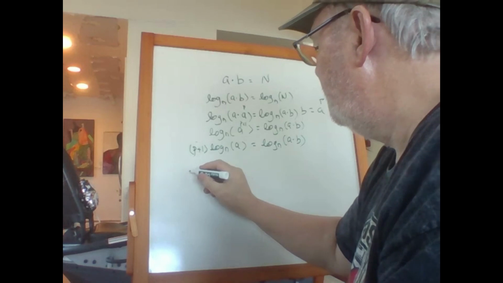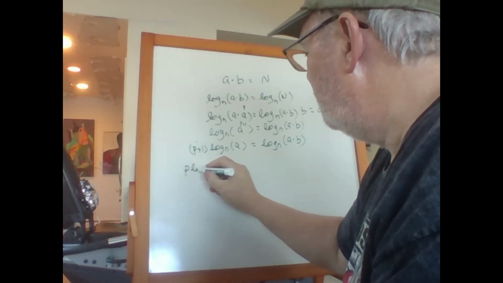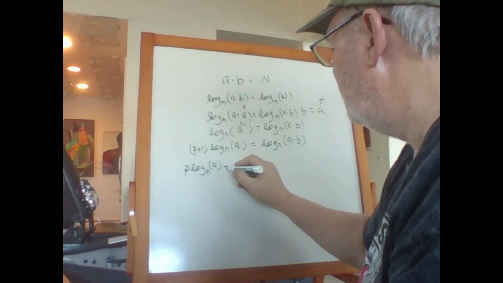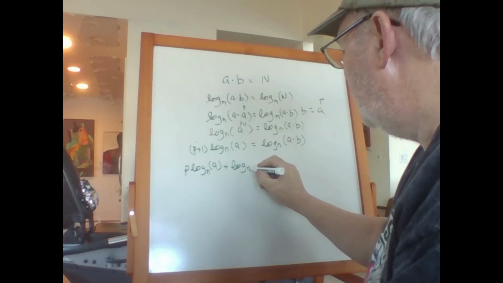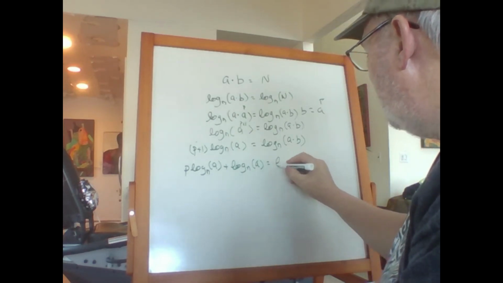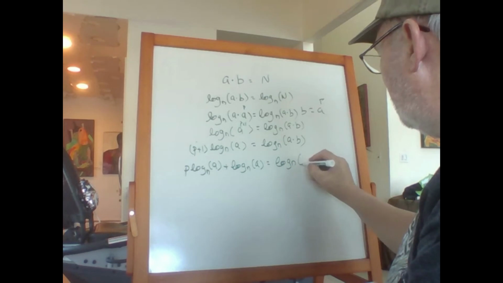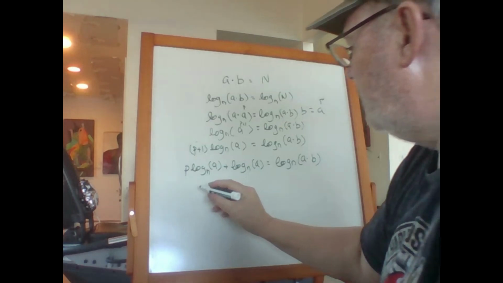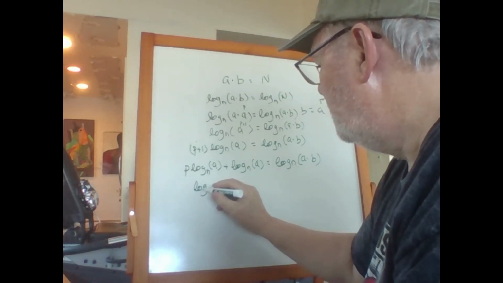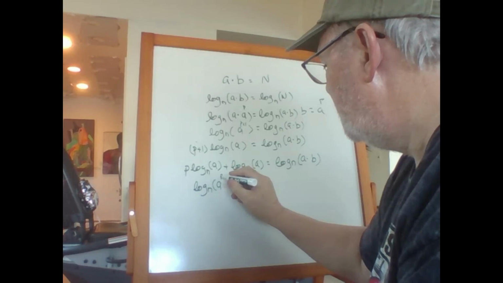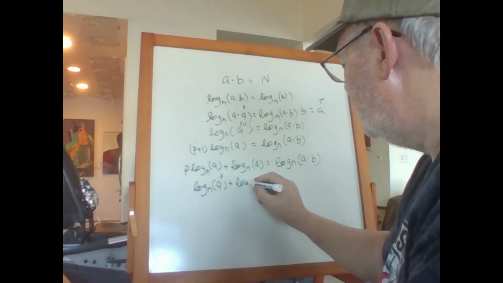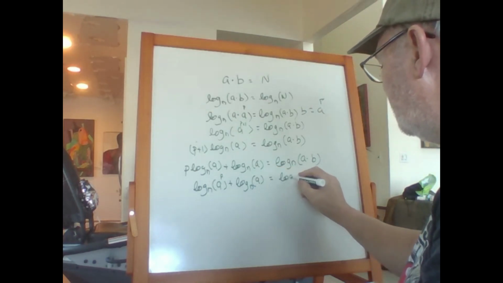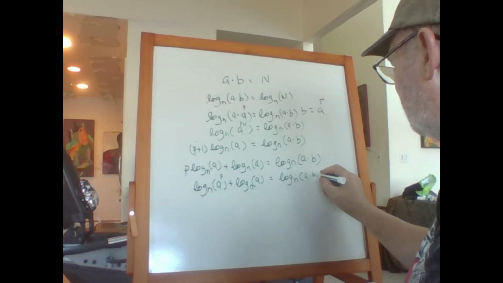So we have p times log n of a plus log n of a equals log n of a times b. But we know that that's the power of a, so we got log n of a to the p plus log base n of a equals log base n of a times b.